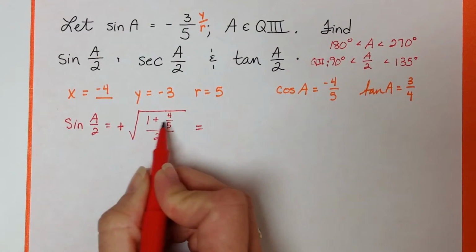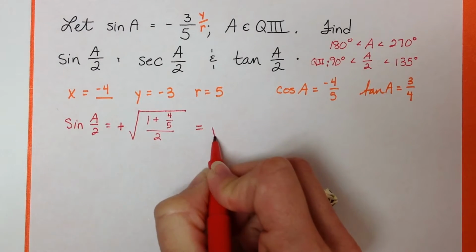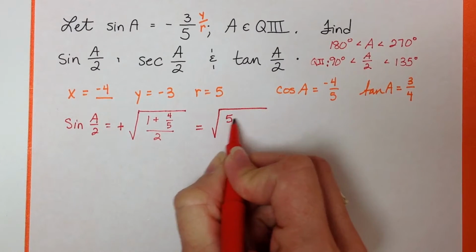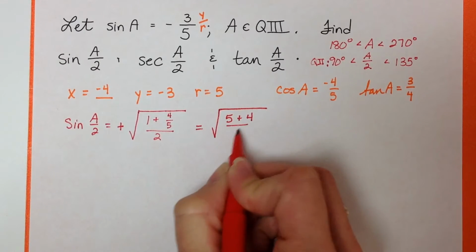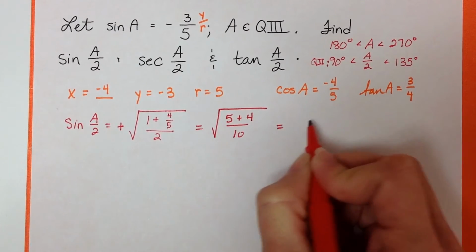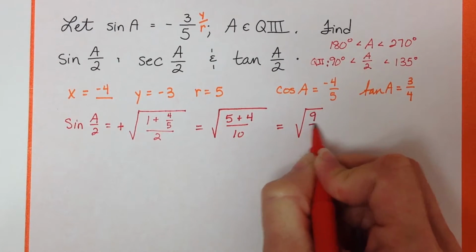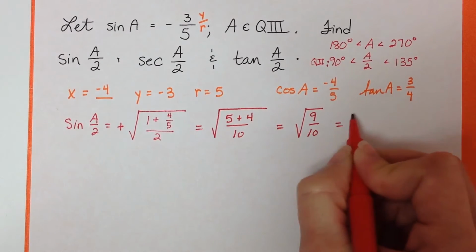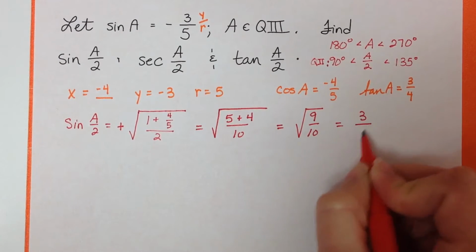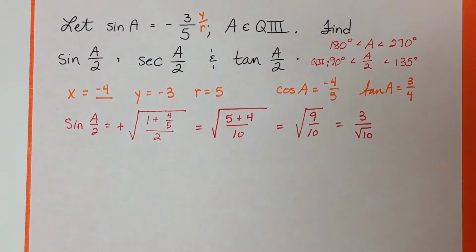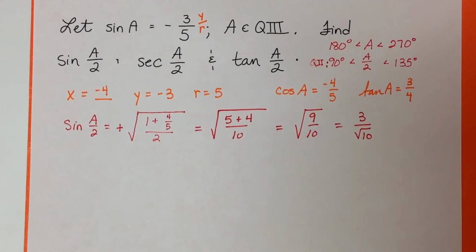So I'm going to go through and multiply each of these terms by 5. Which would then give me the square root of 9/10. Square root of 9 is 3. And then you just have to leave the 10 underneath the value. So that would be your half angle for sine.